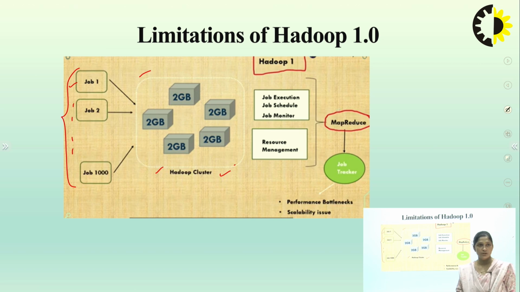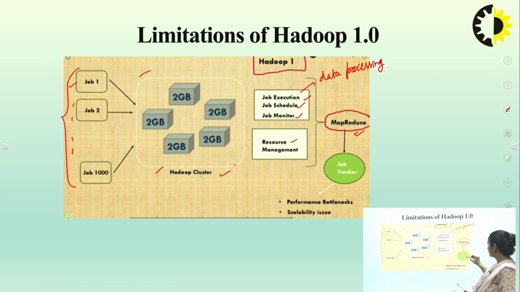In Hadoop 1.0, resource management, job execution, or you can call it data processing, job scheduling, job monitoring, all work was done by the JobTracker only, with the help of MapReduce. Means there was only one master, that is the JobTracker, handling all these tasks together.